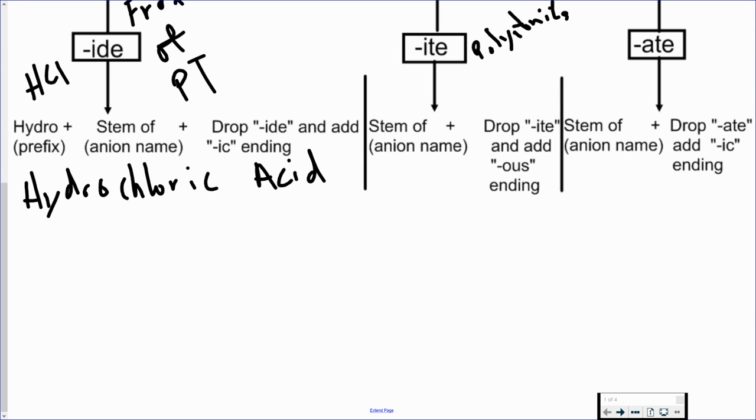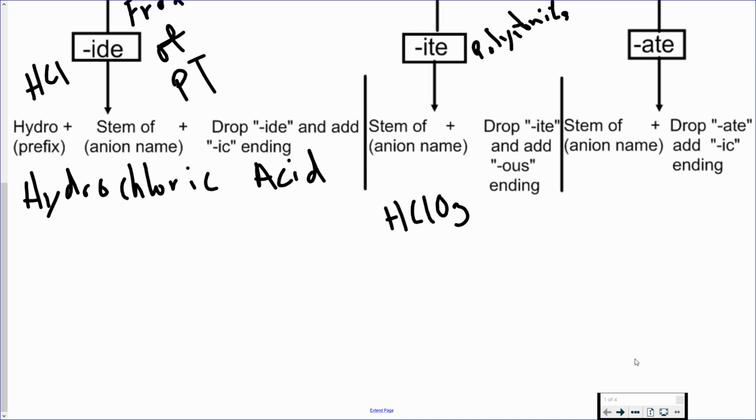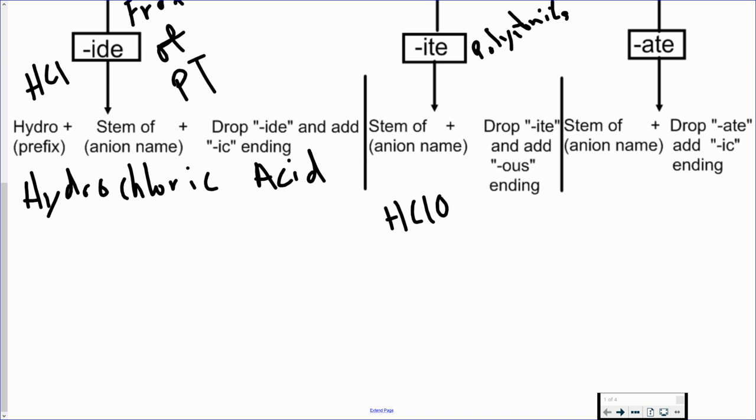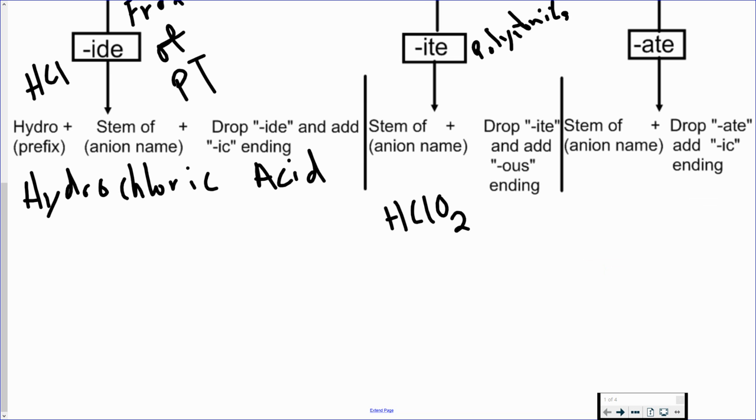For example, let's go to an ite: that would be ClO2. This would be chlorous acid.